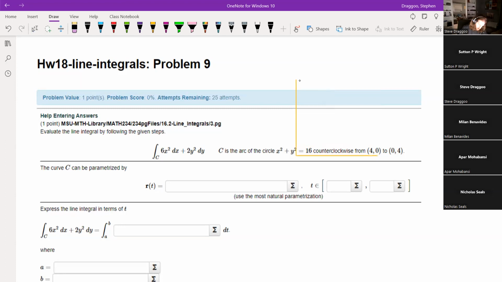So if I were to just plop some coordinate axes on here real quick, (4, 0) is along the x-axis, so something about like right here. And (0, 4) is on the y-axis, so maybe something like up there. And we're going to be going counterclockwise from one point to the other. Counterclockwise being this direction.